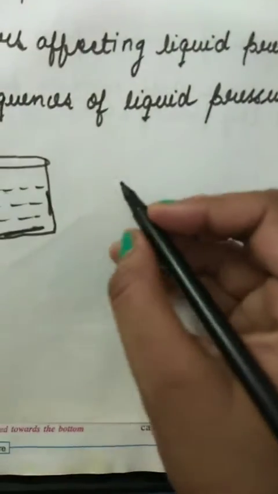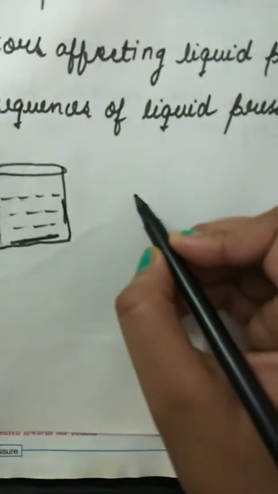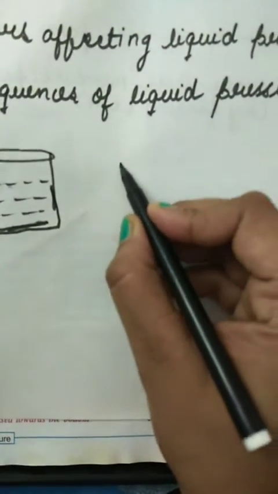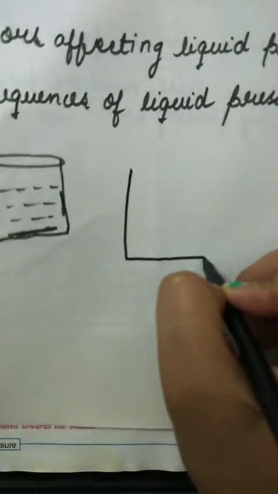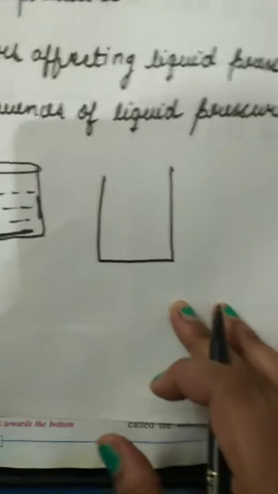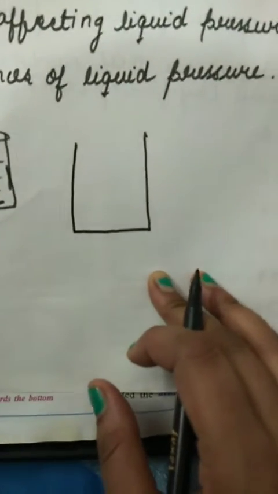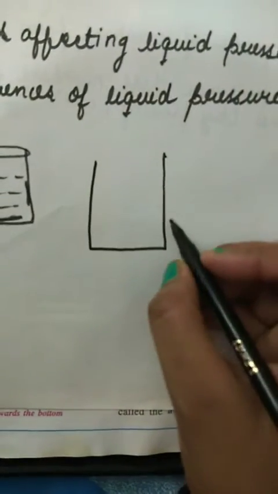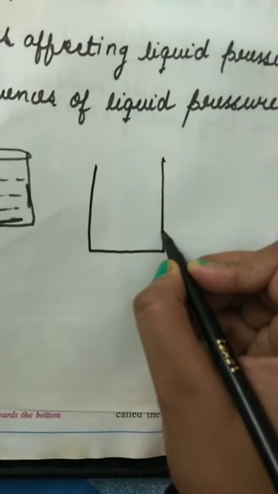Class, suppose you take a tin bottle, a bottle made of tin, or you can take an empty plastic bottle also, and you can do this experiment at your home.